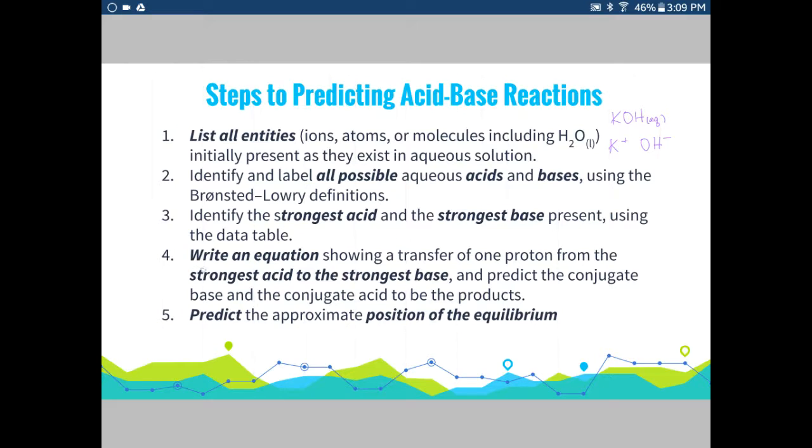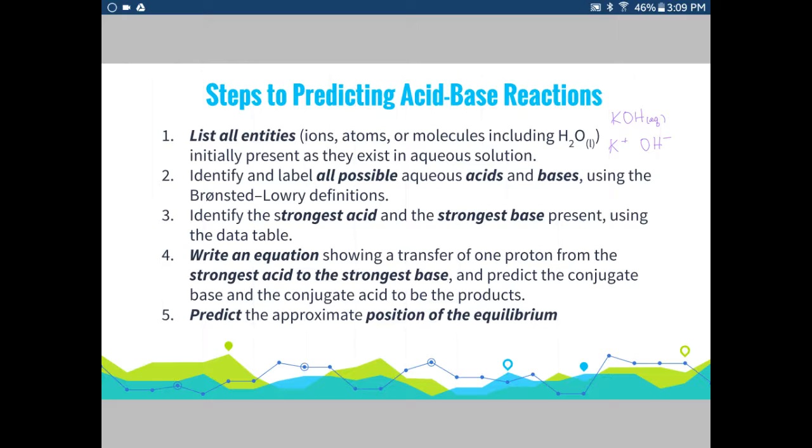Step 4 is to write out an equation showing the proton transfer from our strongest acid to our strongest base, and then predict the products made, because it should be a conjugate acid-base pair as the product. The conjugate base will be from our strongest acid and the conjugate acid will be from our strongest base.